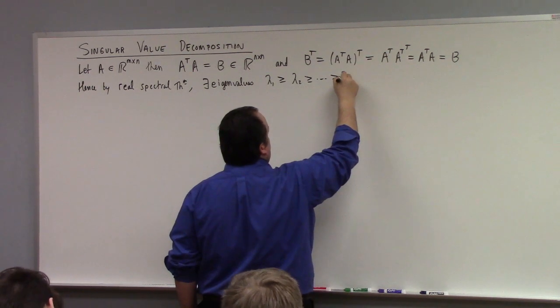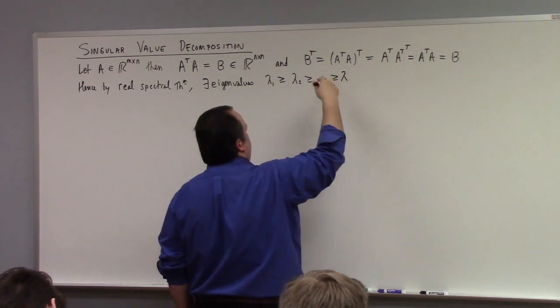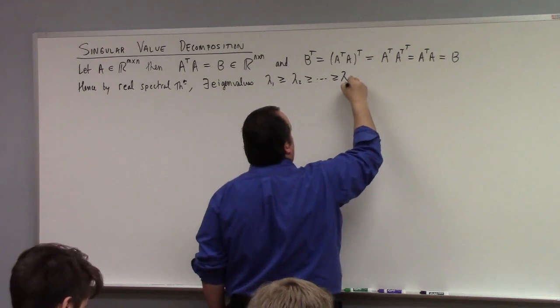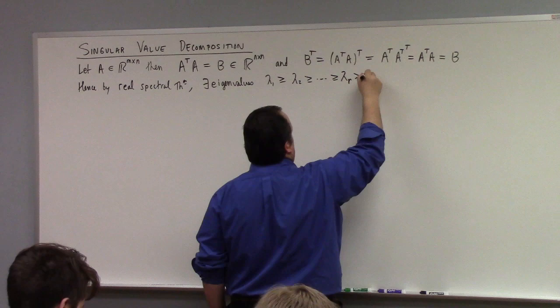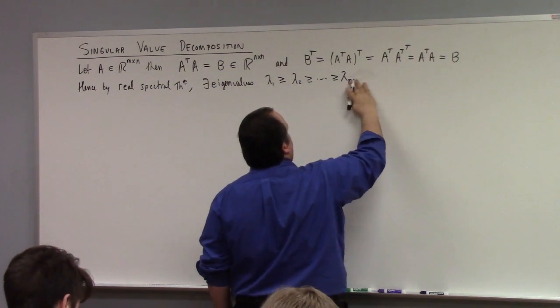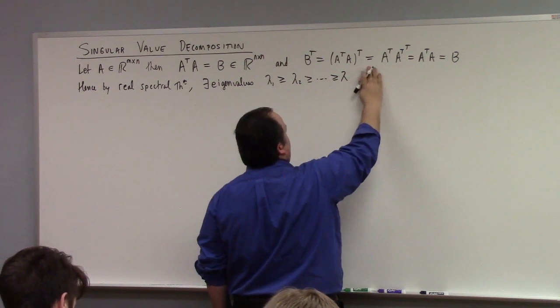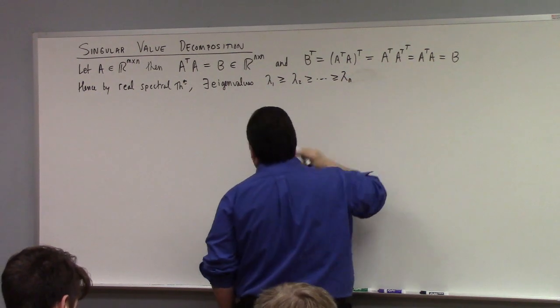I'm going to introduce some notation here. I'm going to say r is positive. Oh, rats. Let me just say n for the moment. I'll come back to this. To start with, that's all we have.